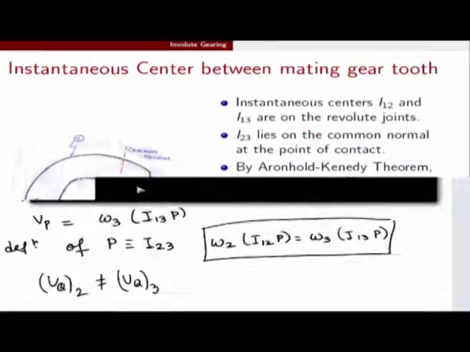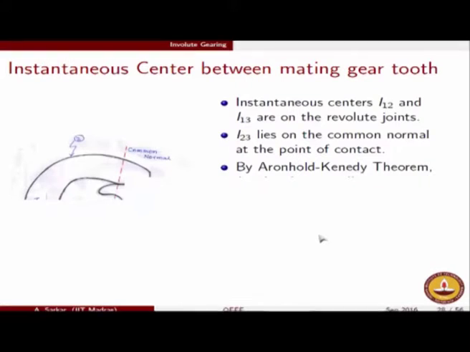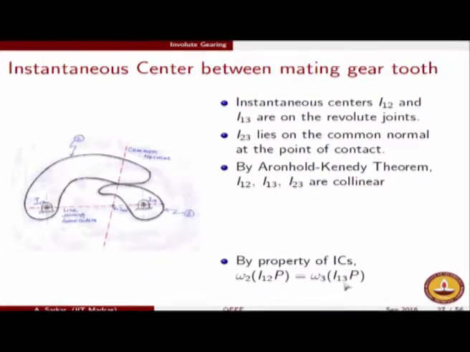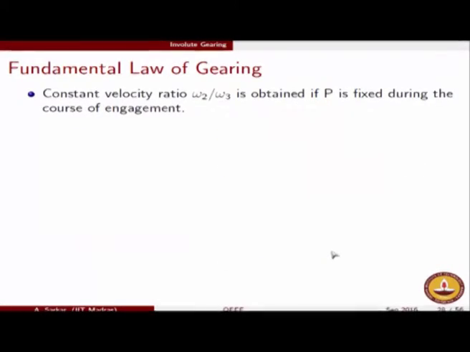So with that explanation, I hope you get the point that by the property of ICs we have this condition to be true. Now we come back to gears. If you recall the reason why we are using gears, what we want is the velocity generated at the engine output shaft or the motor output shaft, and we want either a reduction or a gain, and accordingly a torque gain or a reduction.